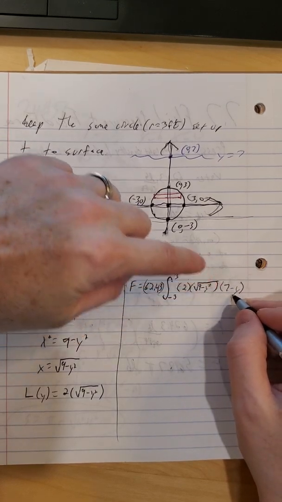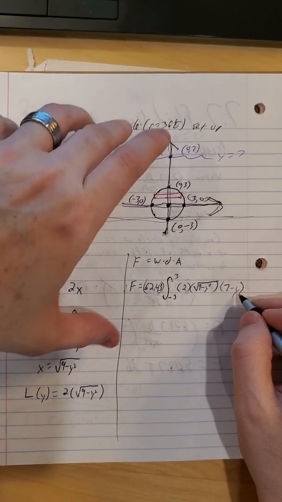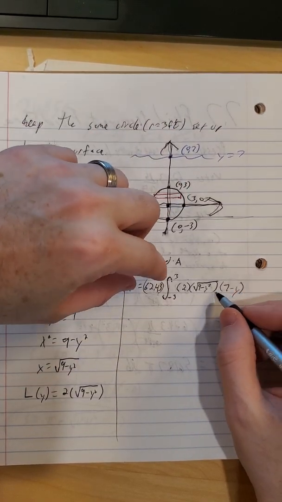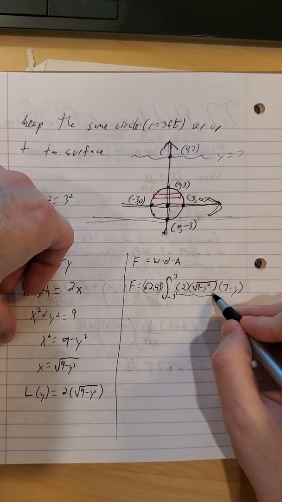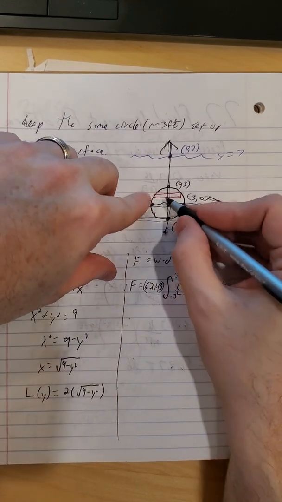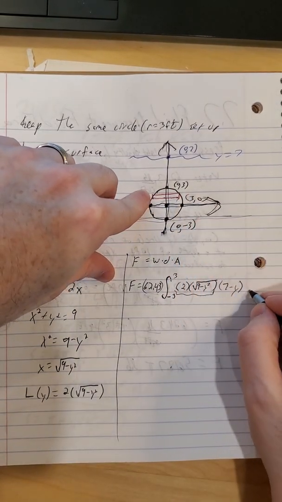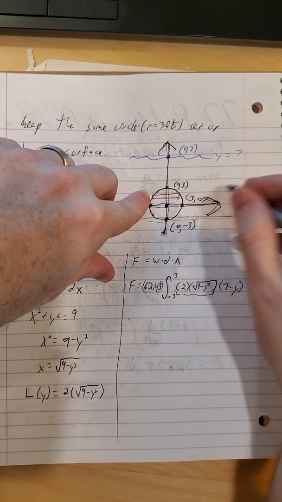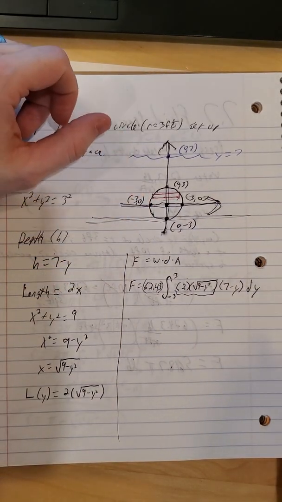So our depth was 7 minus y. There's our depth. Our area is, here is our width of the rectangle. The height of the rectangle is delta y. We'll change delta y over then to dy.